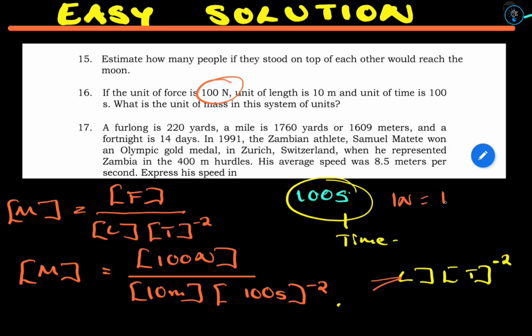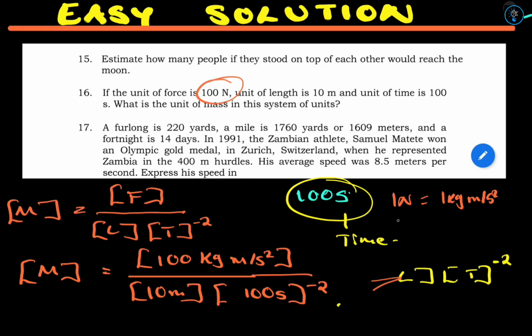We know that 1 Newton is equal to 1 kilogram meter per square second. Let's write that there so that we have some consistency in our units.